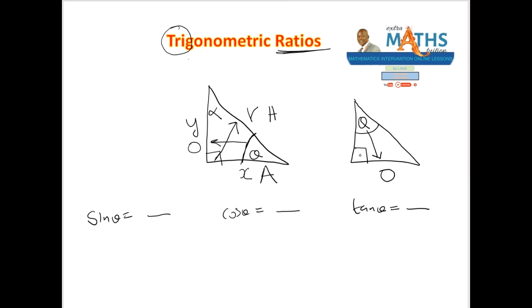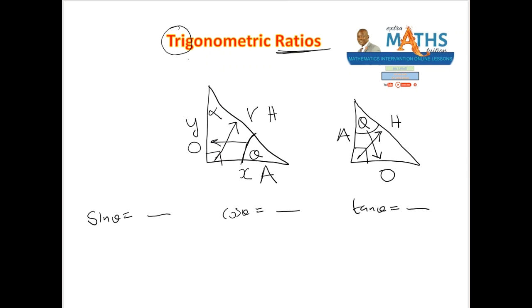What is our hypotenuse side? Our hypotenuse side is opposite to 90. Make sure that your hypotenuse side is always opposite to 90. It means that will be your hypotenuse side. Then the last side will be your adjacent side. I hope you all understand now the basic principle of naming our sides: opposite, hypotenuse, and adjacent. Let us go back to the ratio principle.